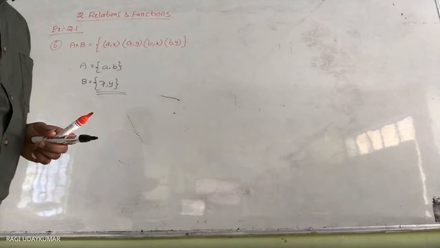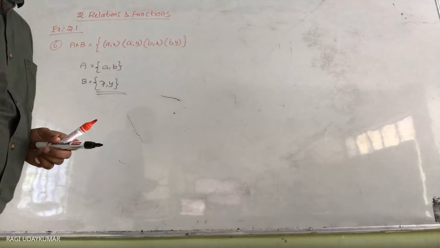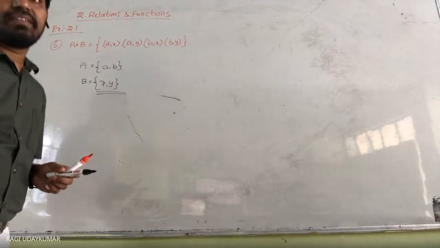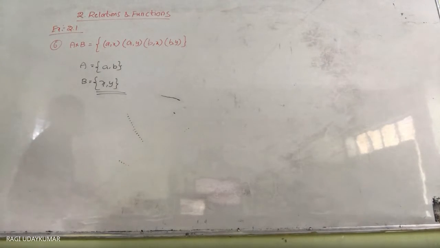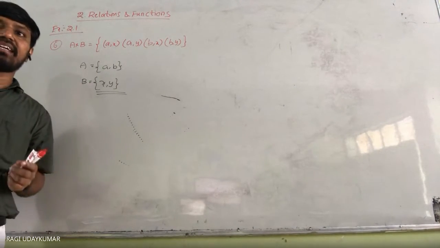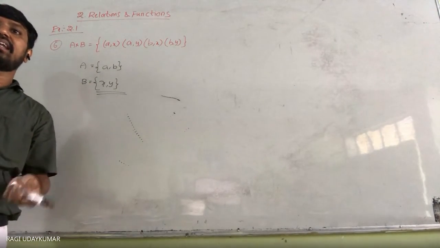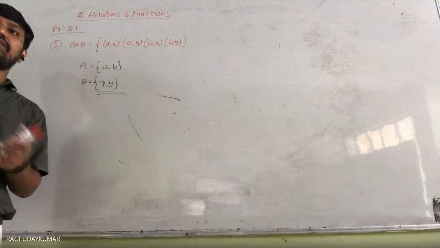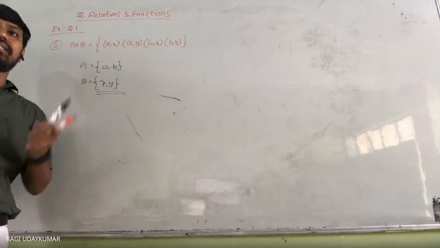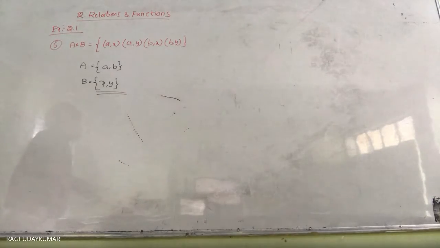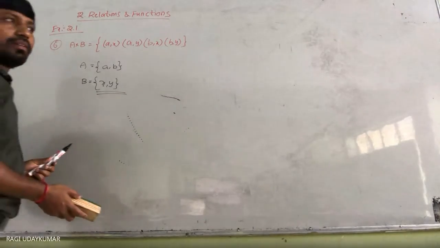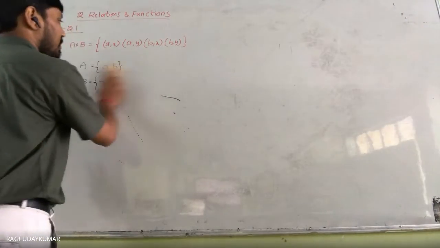Next, the seventh question is given to you. A is 1 comma 2, B is 1, 2, 3, 4, C is 5 comma 6, D is 5, 6, 7, 8. Verify that A cross (B intersection C) is equal to (A cross B) intersection (A cross C). What is this property called?